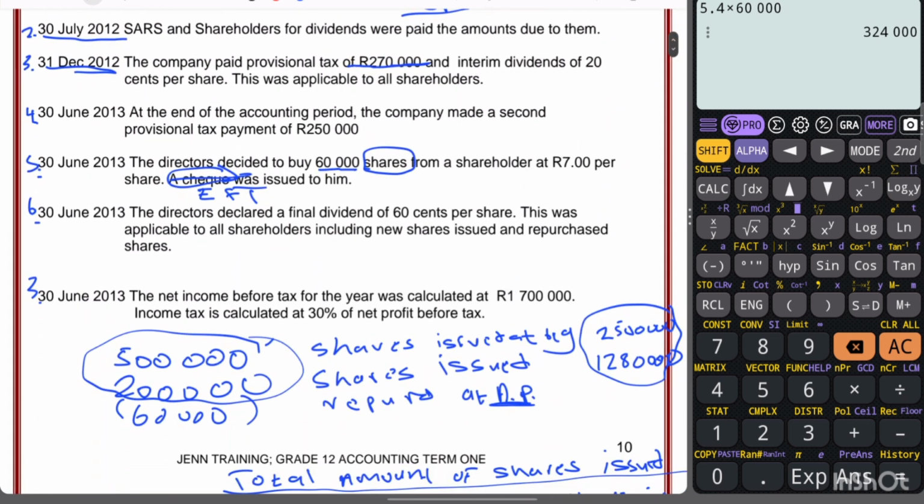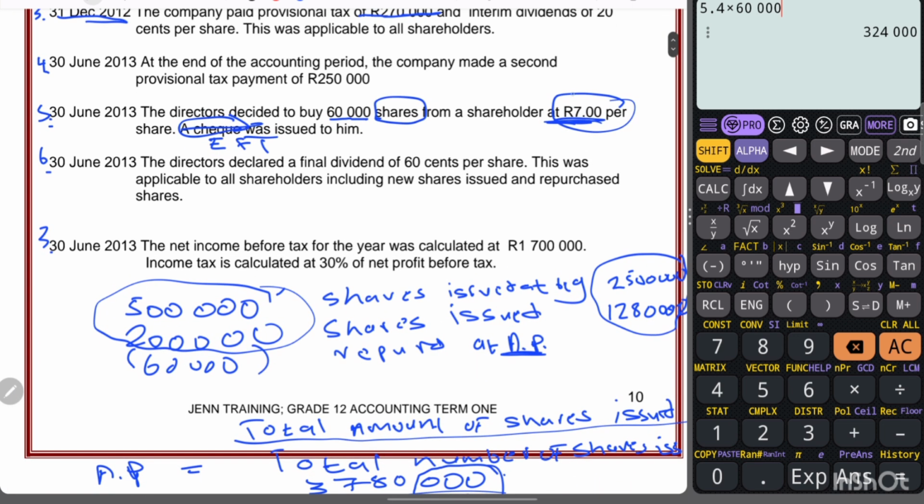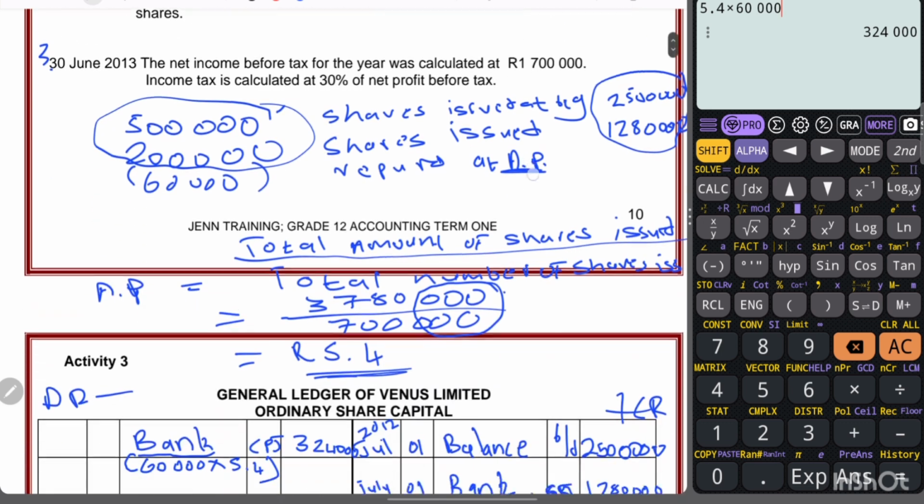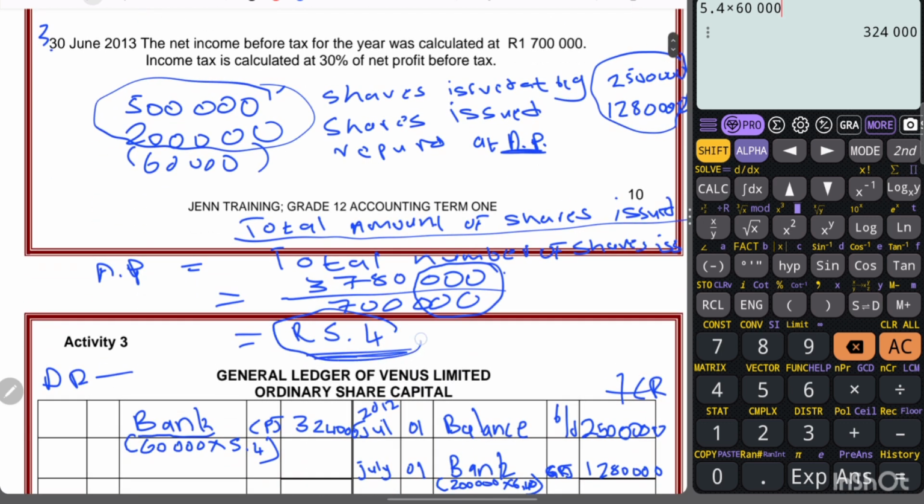Okay, let's go to our next information now, but I'm not done with this one. Let me just finish this adjustment number 6, because these shares we bought them at 7 rand, but remember the average price is how much? It's 5 rand 40. It means that we bought the shares above the average price.